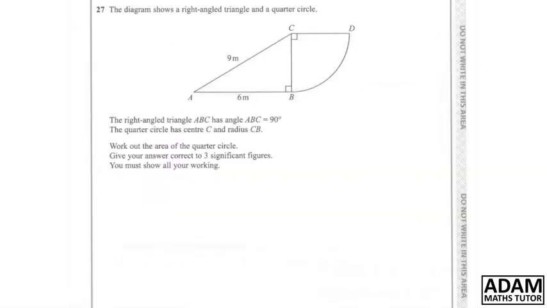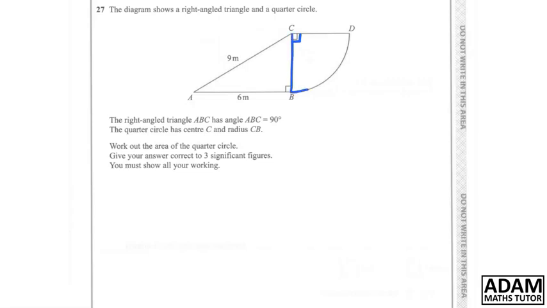Question 27. The diagram shows a right angled triangle and a quarter circle. The right angled triangle ABC has an angle of 90 degrees, which is shown here. The quarter circle has a centre and a radius. Work out the area of the quarter circle. Give your answer correct to 3 significant figures.